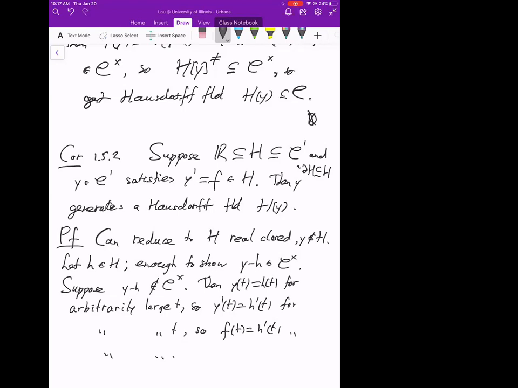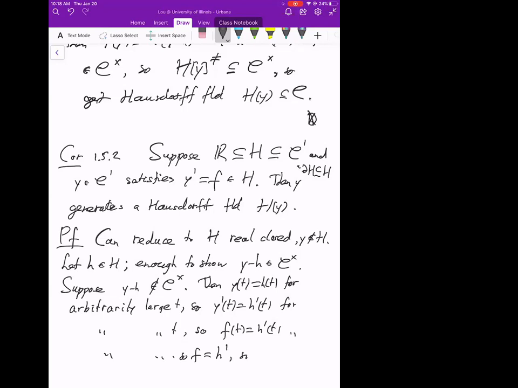It's strange that I overlooked this assumption, but then I can get that f equals H prime. Because f and H prime are both elements in capital H, and if they are equal for arbitrarily large t, then they must be equal as germs.